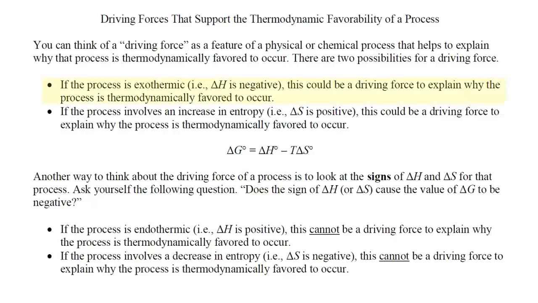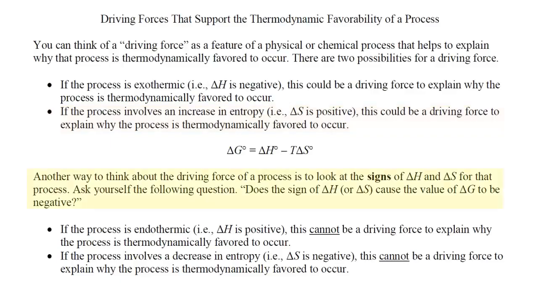If the process is exothermic, that is, the sign of delta H is negative, then this could be a driving force to explain why the process is thermodynamically favored to occur. Or if the process involves an increase in entropy, that is, the sign of delta S is positive, this could also be a driving force to explain why the process is thermodynamically favored to occur.